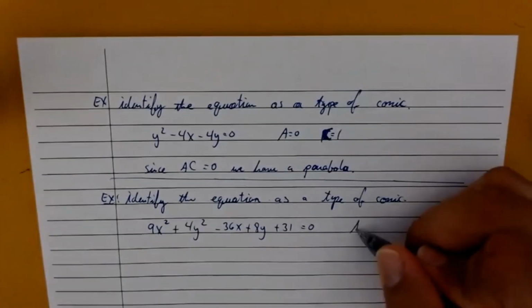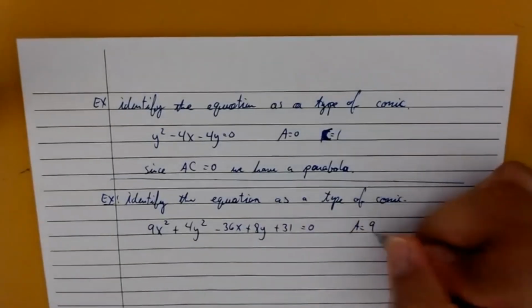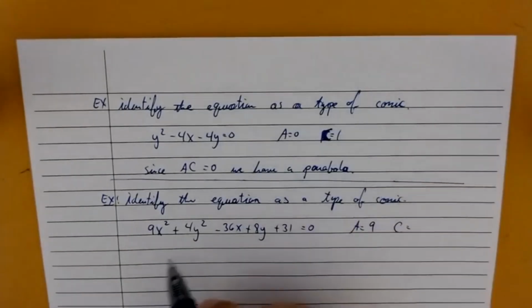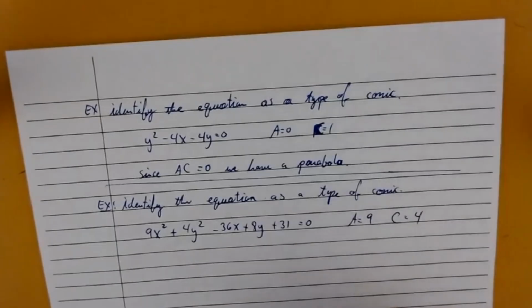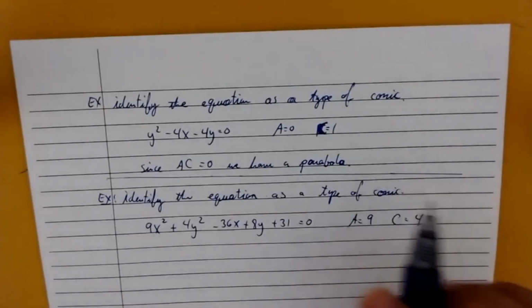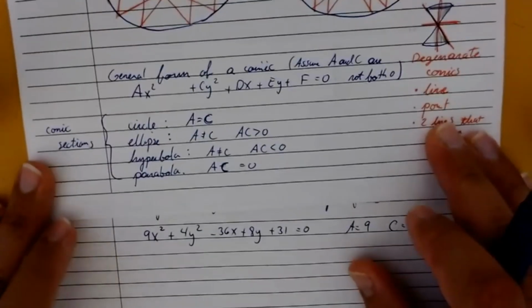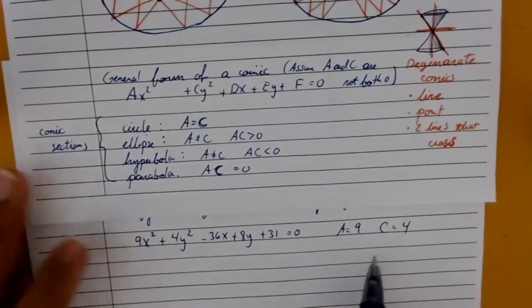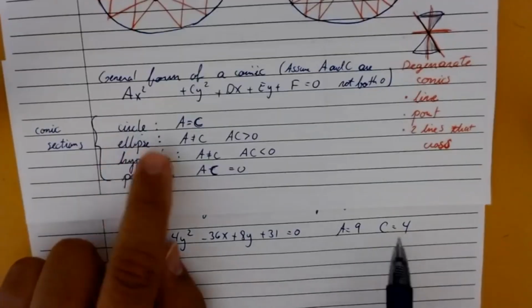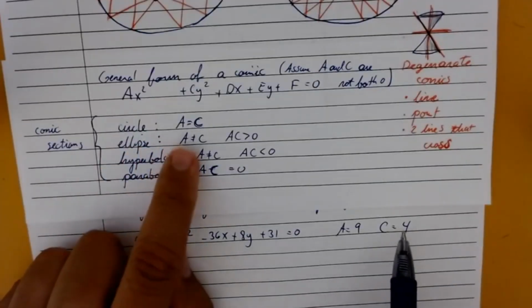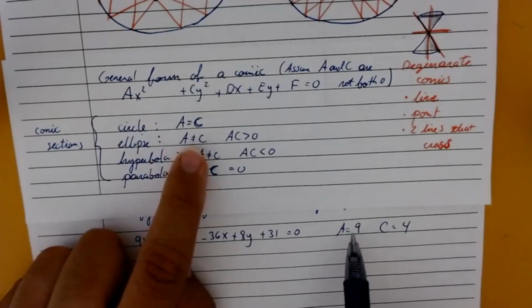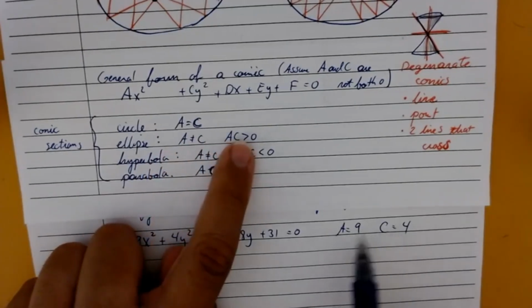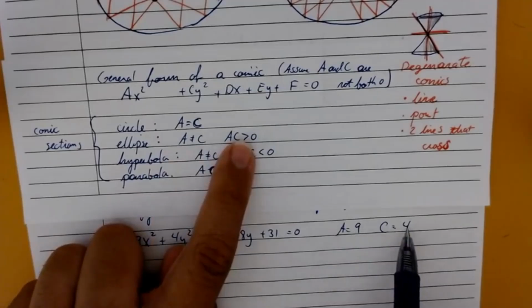So here are a, the number in front of the x squared, that's 9, and our c, the number in front of the y squared, that's 4. Again, first, if our a and our c are equal to each other, then you have a circle. Well, we definitely don't have that. So then it's got to be one of the other three. They're not equal to each other. If you multiply a and c, do you get something greater than 0? Yeah, 9 times 4, that's 36.